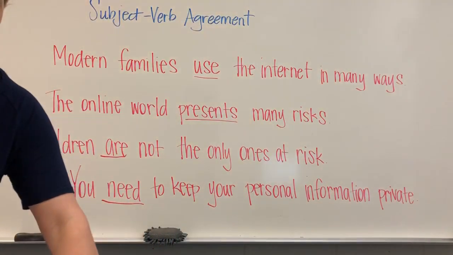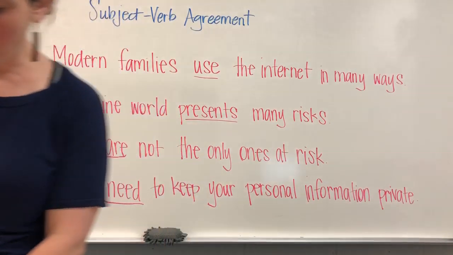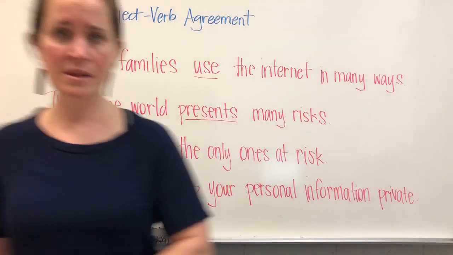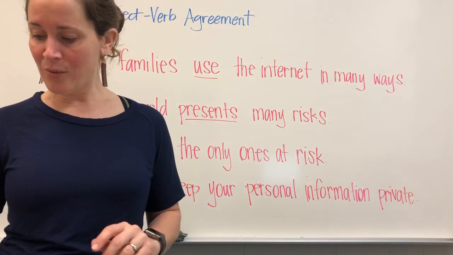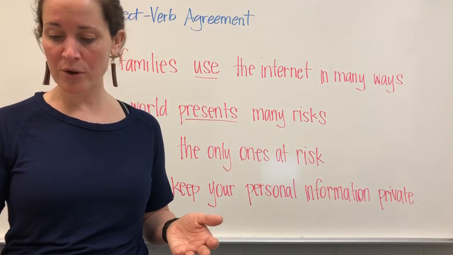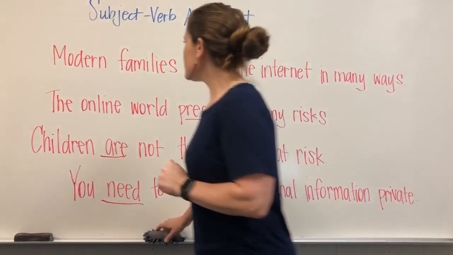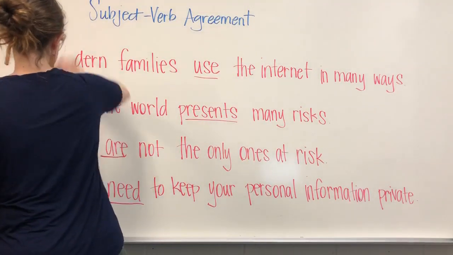Okay, so if we are going to talk about verbs, and we're going to talk about subject-verb agreement, we need to talk about something else, and that is prepositional phrases, okay?